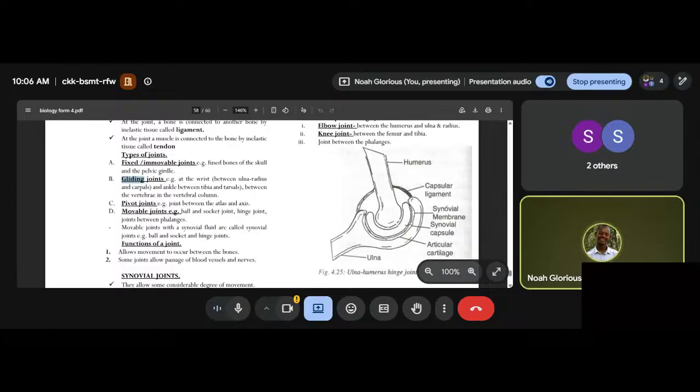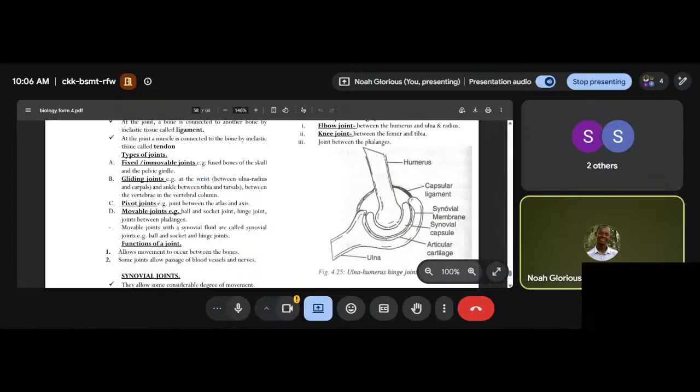When you touch your wrist, where we wear the bangles and the watch, you feel like there are bones moving on top of each other. When the bones feel like they are moving on top of each other, then we say they are gliding. So an example of a gliding joint is at the wrist.